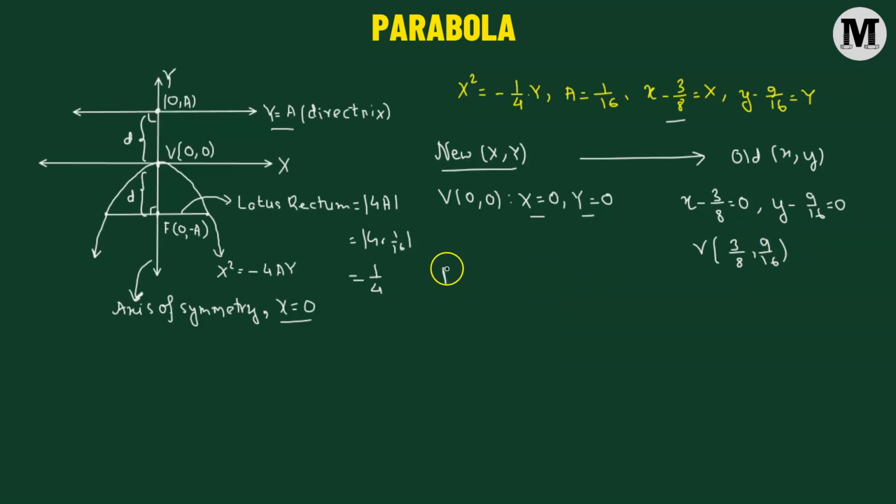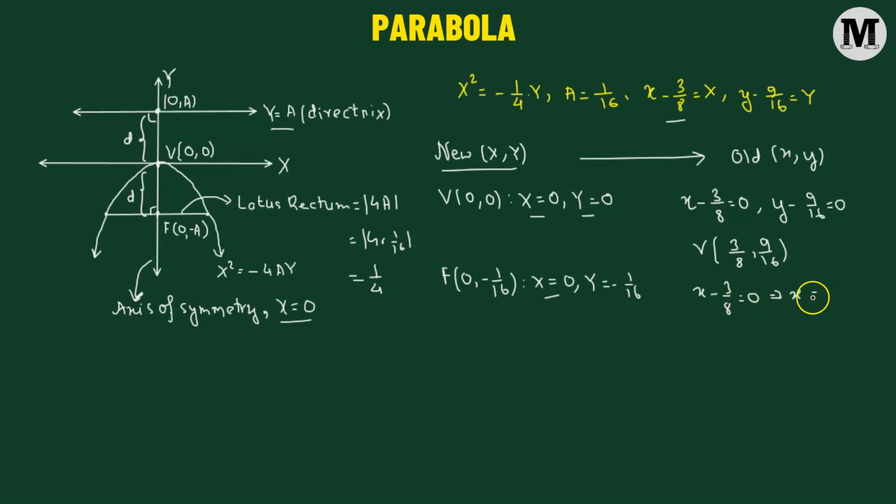Then we have the focus of the parabola at 0 comma negative a. The a value is 1 over 16. So our focus has the coordinates 0 comma negative 1 over 16. This means that x corresponds to 0 and y is negative 1 over 16. But we want to go to the old coordinate system. So here we will consider x equals 0, but replace x with x minus 3 over 8 equals 0.